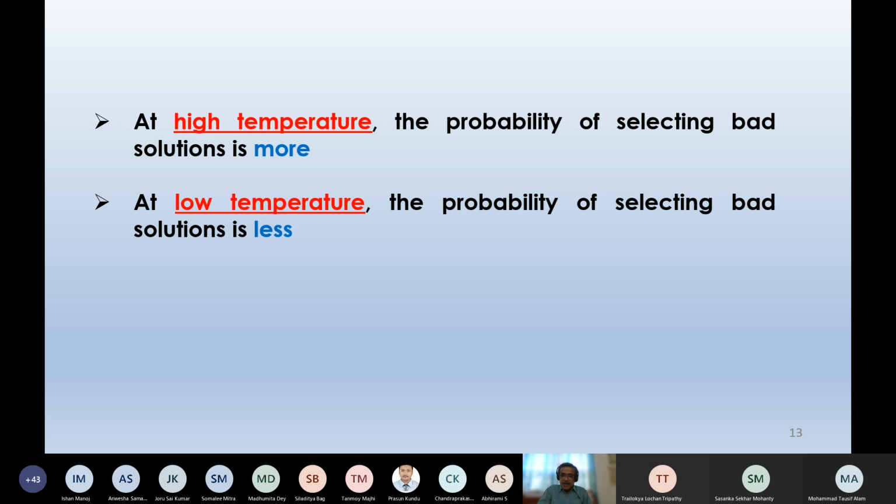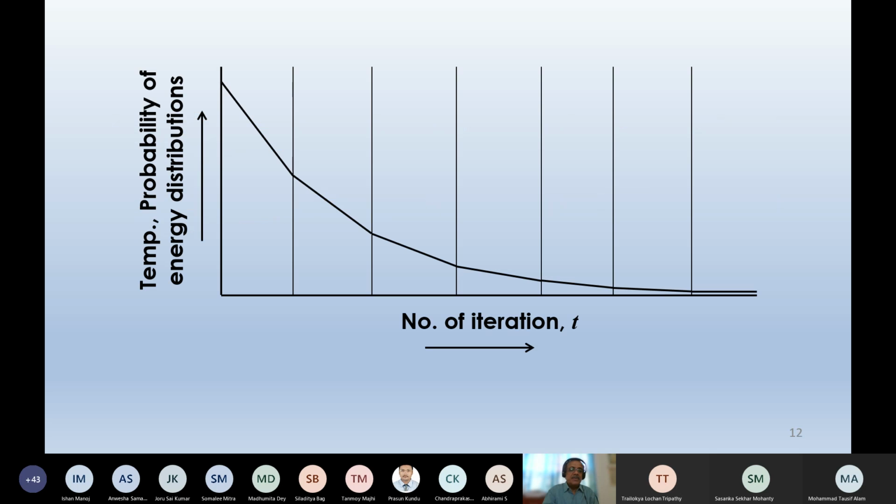At the assistant professor level, there is a high probability of the bad solution being selected. But as iteration proceeds, at the level of associate and full professor and HAG professor, not all candidates are going to get that promotion. The probability of selecting the bad solution should be less. Are you getting my point? So this is the physical significance of this Boltzmann probability distribution.